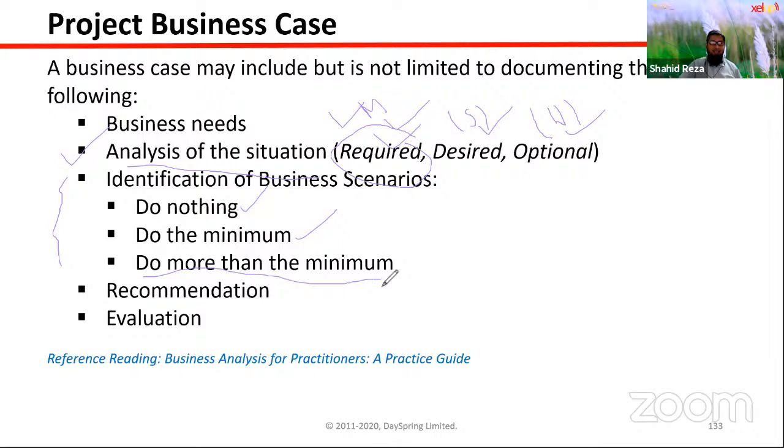And do more than the minimum. That means if you do the maximum, then what will happen? What positive things, what value will be created by doing this project? So these analyses also need to be included in your business case, so that management can take a decision whether they will approve the project or not.